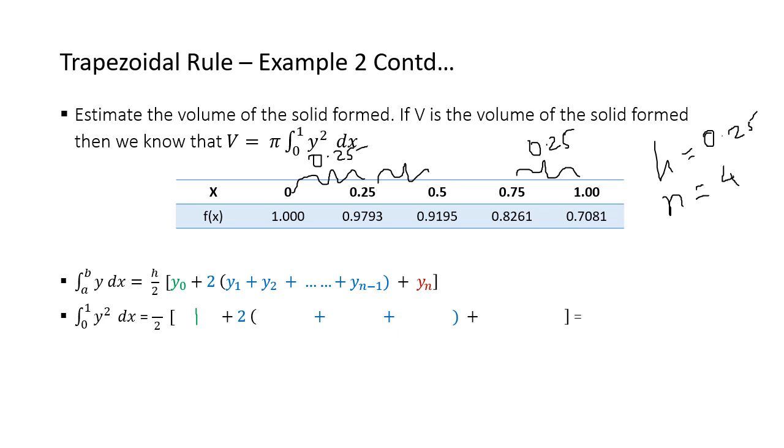So coming back to the formula, the middle term in blue is 2 multiplied by y1 plus y2, and so on up to yn minus 1. n is 4, so this becomes y1, y2 and y3. And finally the last term in brown color becomes y4. So let me substitute the values.